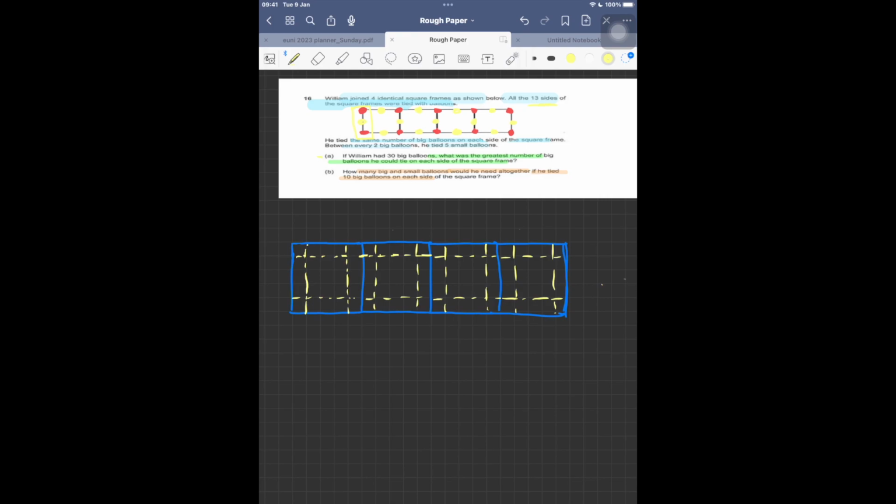Let me see if this makes sense now. Okay, maybe because these are duplicate sides. Let's see. So here is 1 and here is 1. Here is 8. So here makes 10, right? So 1, 8, 1. This side also makes 10.